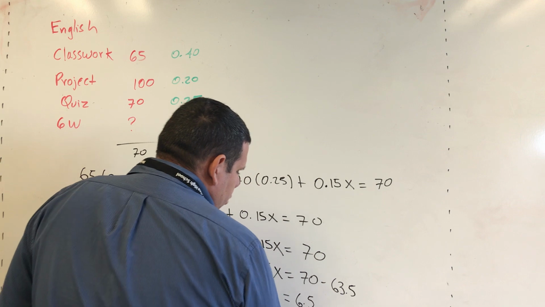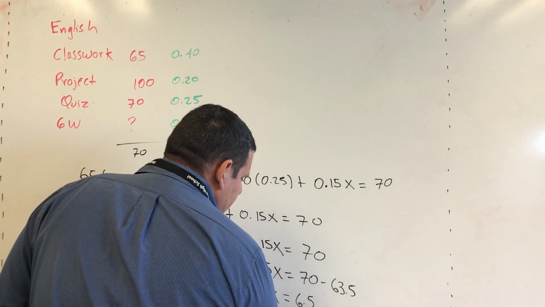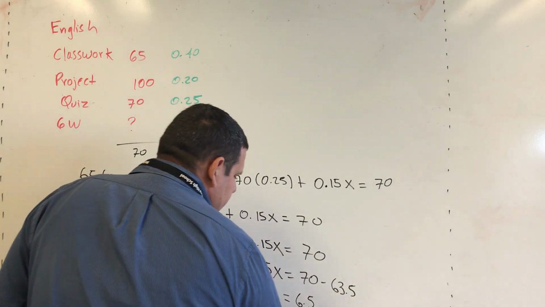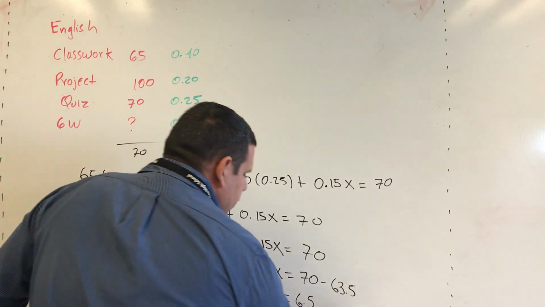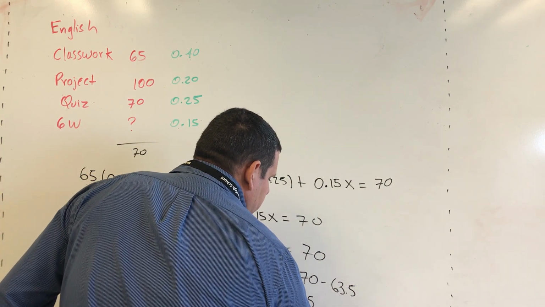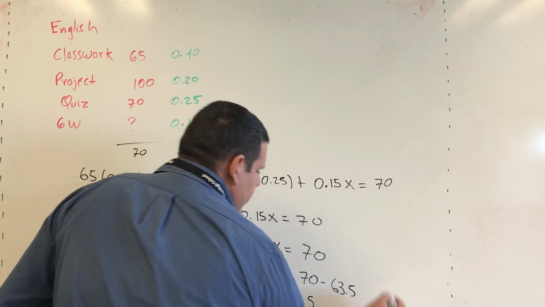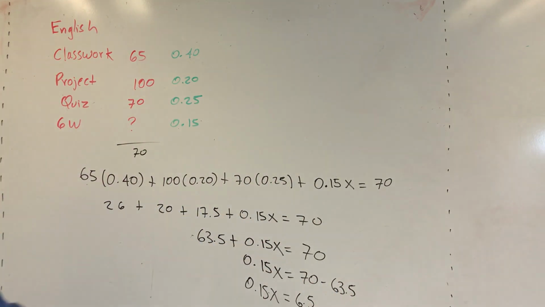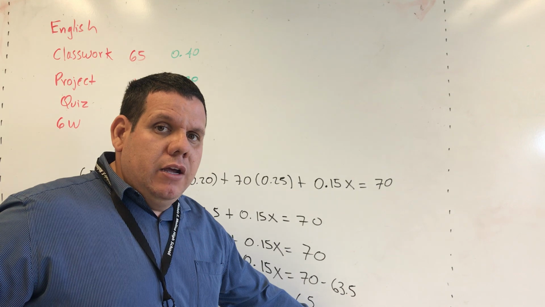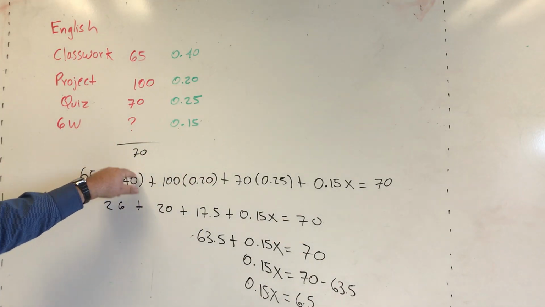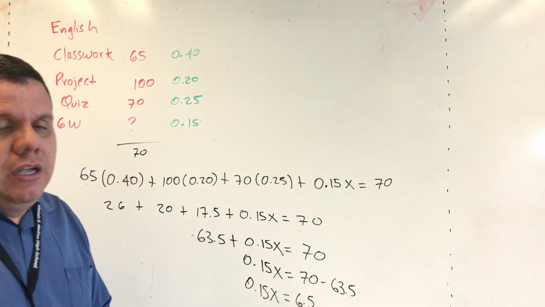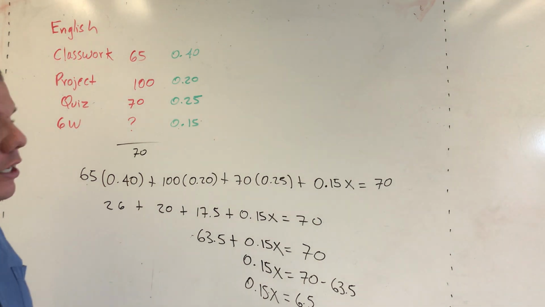So whatever value we have will be multiplied by x. All right, so in this case, 6.5 divided by this will give you 43.33, okay? So this is the minimum grade that you need to get in this exam to get a 70 as a final score in English, okay?